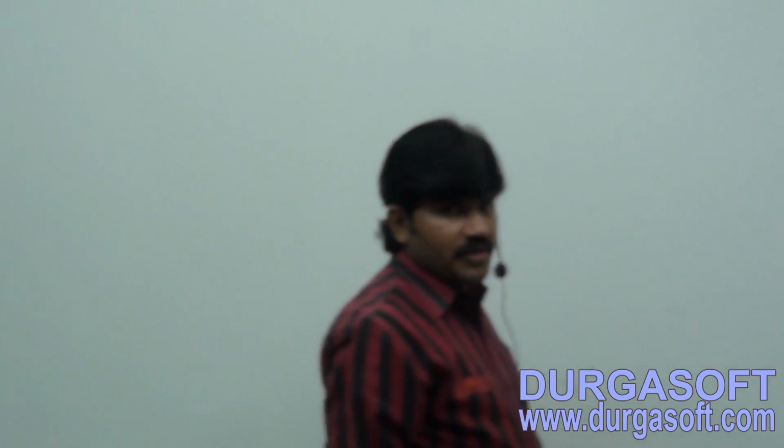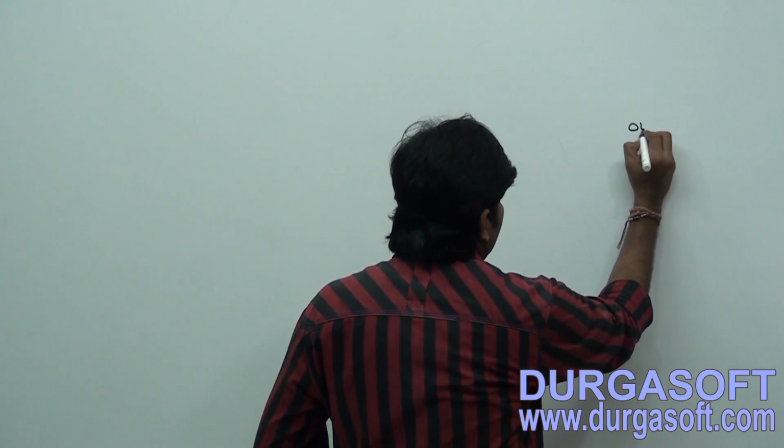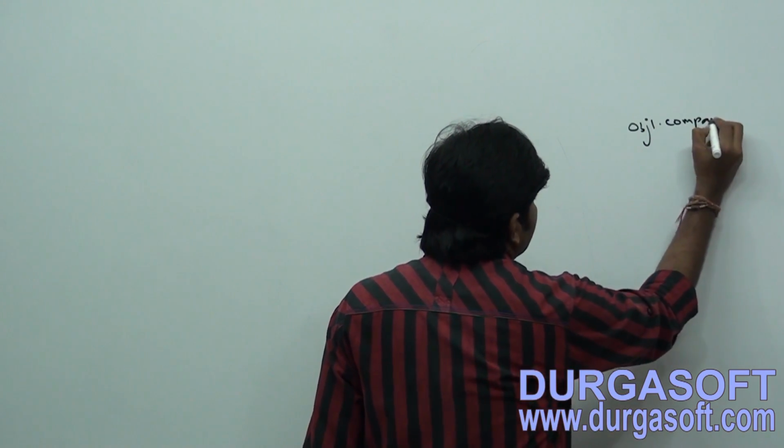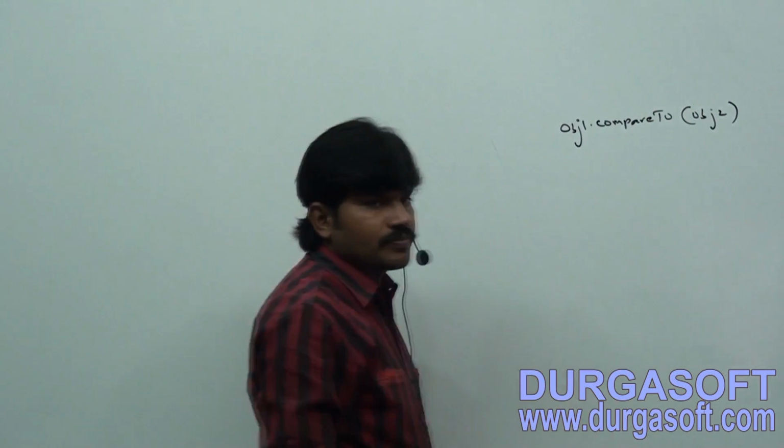That's all. Now the next one, take very special care. What is the complete syntax of the compareTo method? I have two objects, obj1.compareTo(obj2).